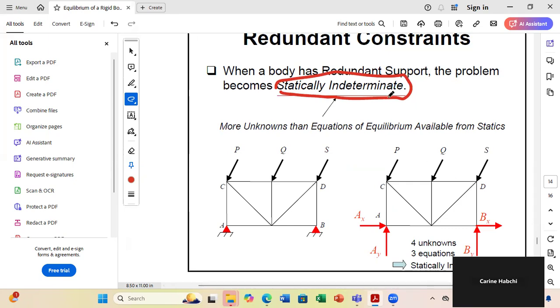You need to use a science other than statics to solve for your unknowns. But in the scope of this course, we are just responsible for statics. So if you have redundant supports, you say there is equilibrium, but I cannot solve for these reactions.